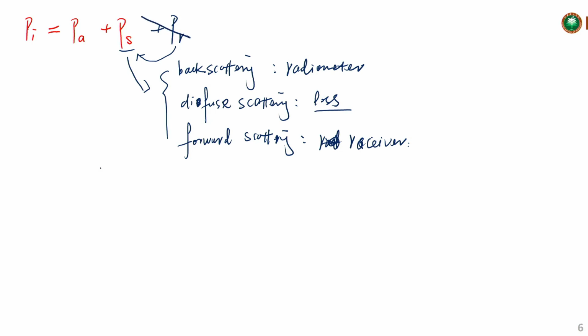So that means now, if we wanted to detect the total extinction, it is composed of two parts, right? The absorption and the scattering cross sections.